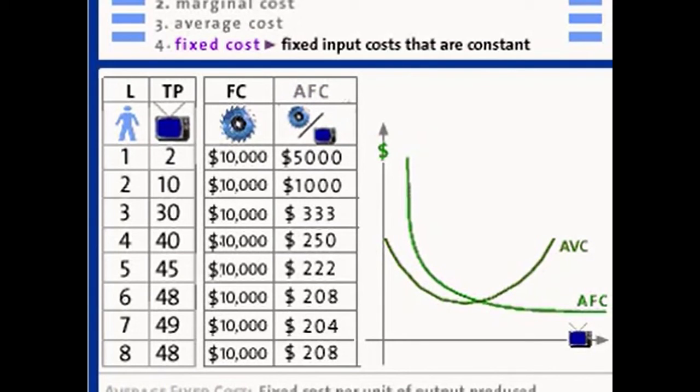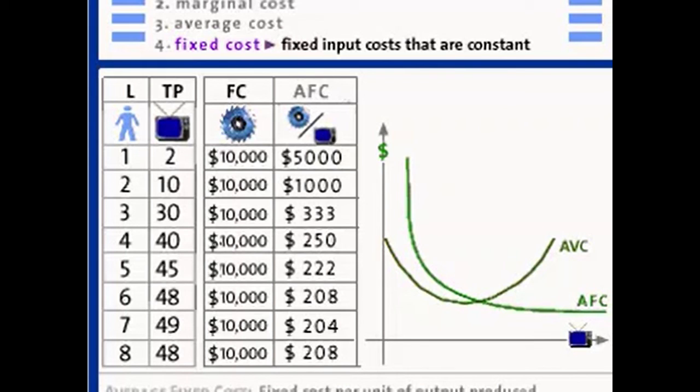Now, how do you calculate this average total cost curve? Where do you get it? Well, you can get it a couple of different ways, but since we're in a graph, let me show you how it looks graphically. If you take the average fixed cost of producing a given number of television sets, right here, and you add the average variable cost of producing a given number of television sets, I've got to be careful here because I've got two curves, so I've got to make sure which one I'm looking at.